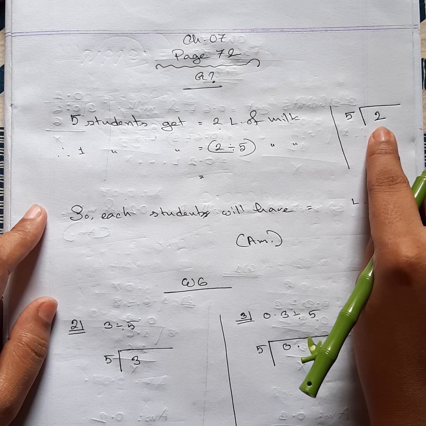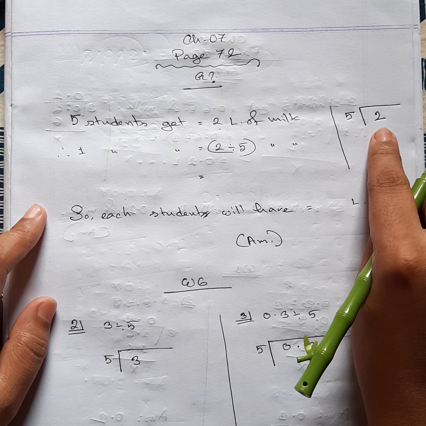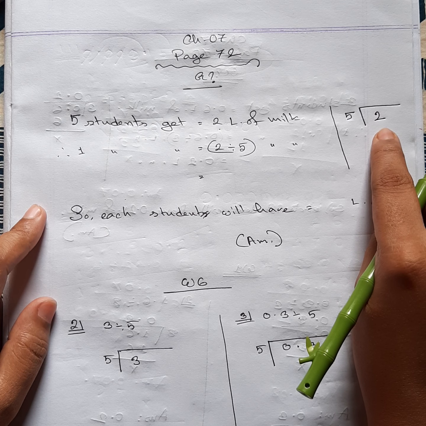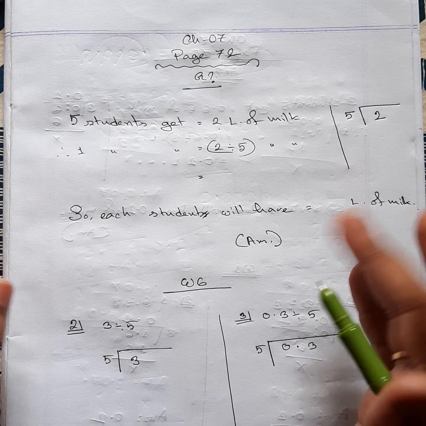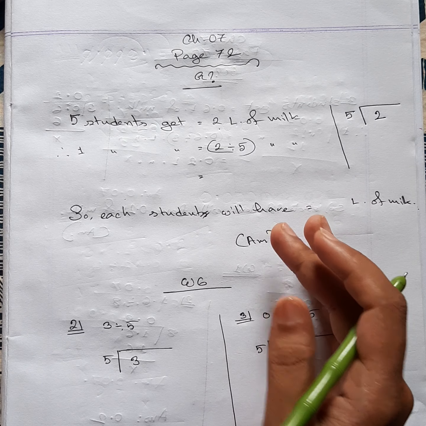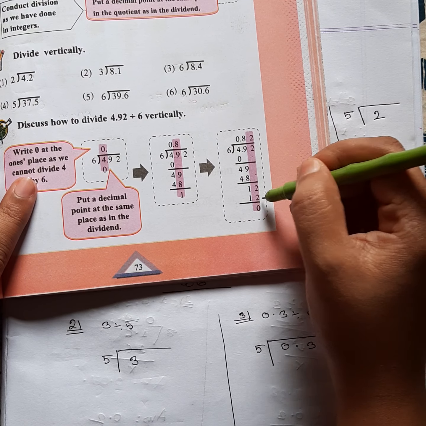So 2 cannot be divided by 5, can it? No, it cannot be. So what are we going to do? We are going to put a decimal, because in every stage of division, there are different stages. Let me show you. The first stair, second stair, third stair.